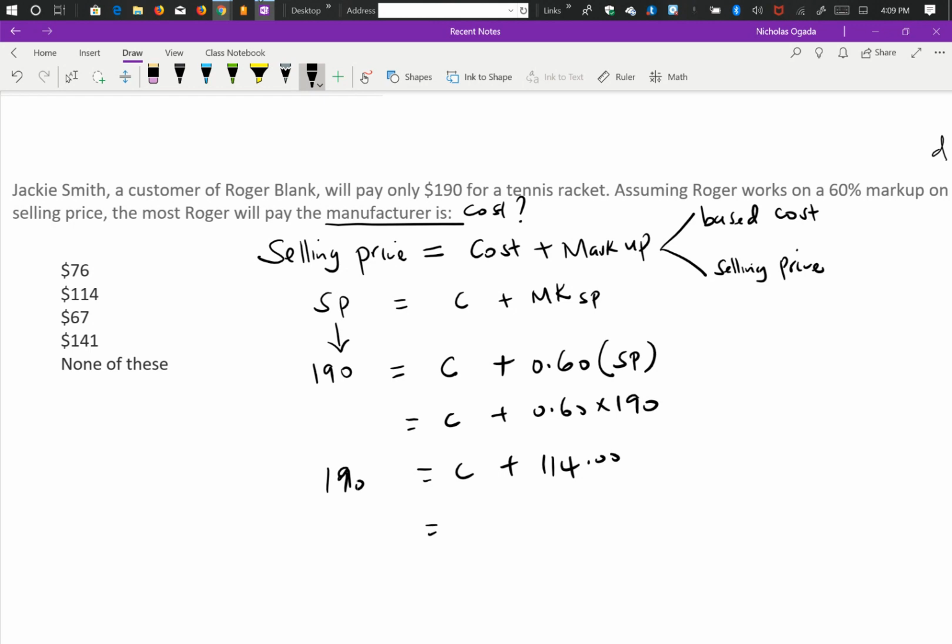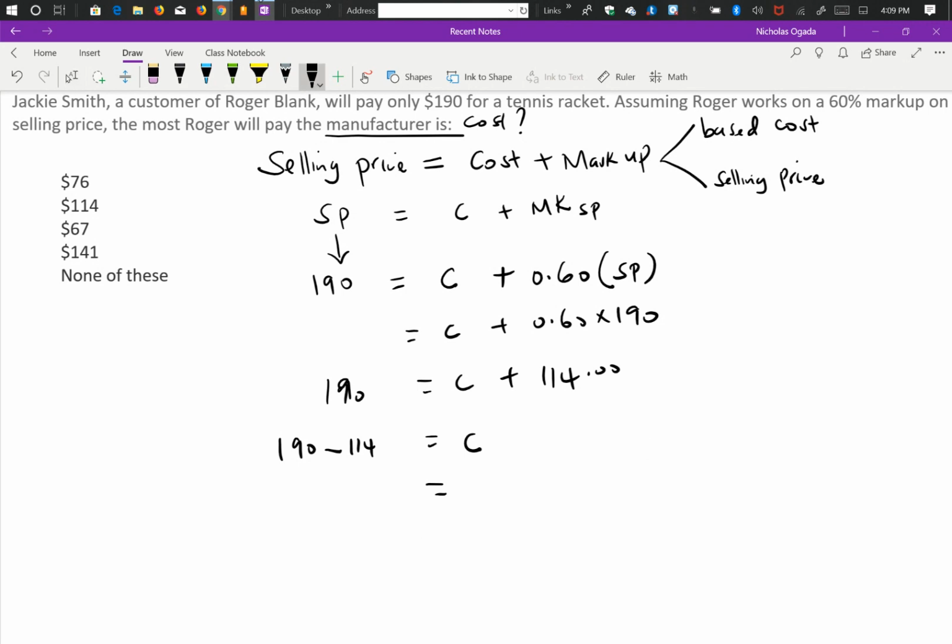So to determine our cost, you take the selling price minus the markup, and this gives you a value of 76, which should be equal to your C, which is your cost. So Roger should pay the manufacturer $76.